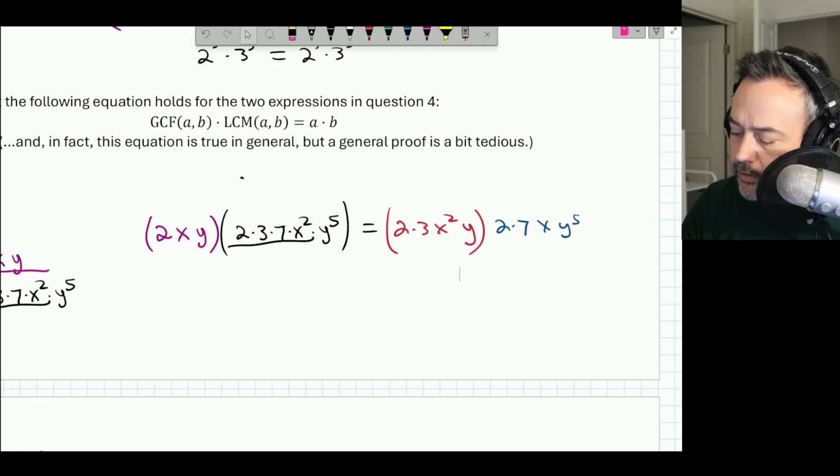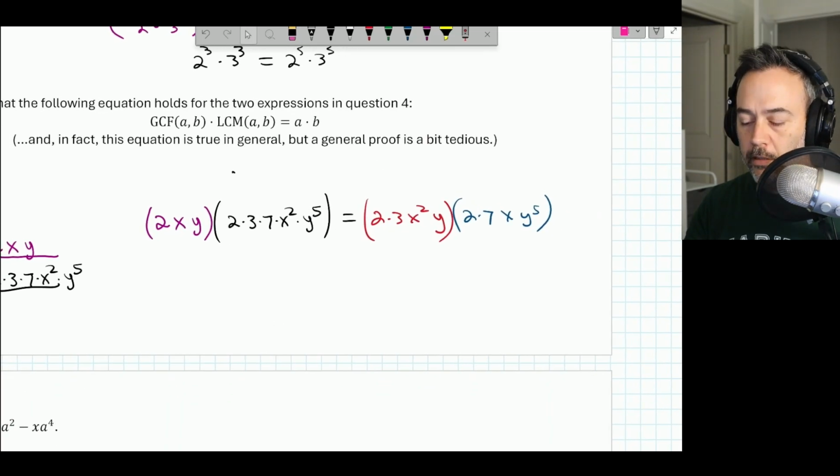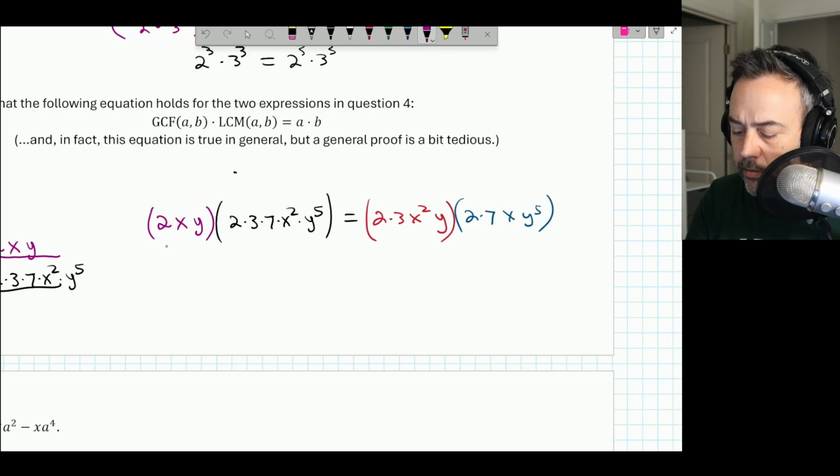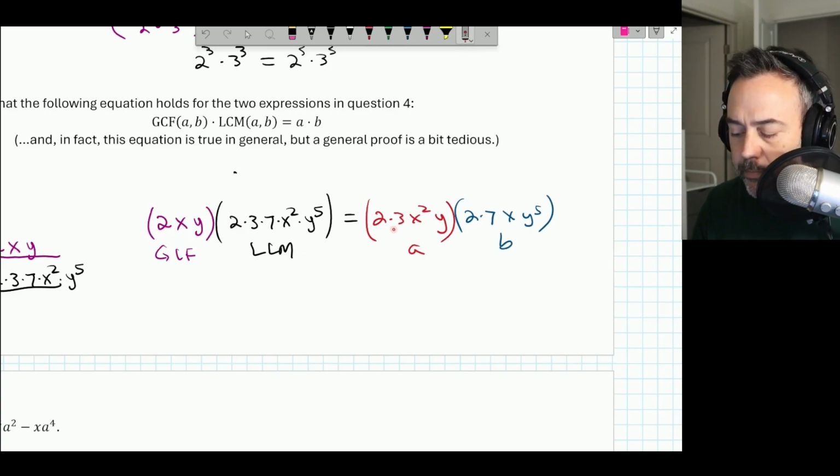Let's just double check visually that this makes sense. Okay. GCF, LCM, expression A, expression B. Note that the sum of the powers of 2 on the left and the sum of the exponents on the right are the same: 1 plus 1, 1, 1.